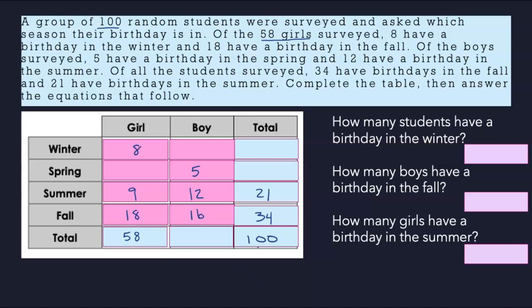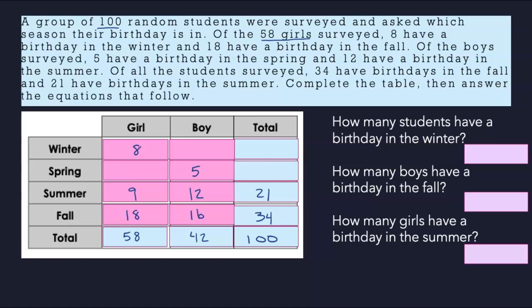And then my totals of boys and girls would add to 100. So I surveyed a total of 58, and I need to get to 100. So 100 minus 58 is 42. So I've done my column work. Let's go see if I can go back and find any of these rows real quick, or my columns. If I look in my girl column, the only thing I'm missing is spring.